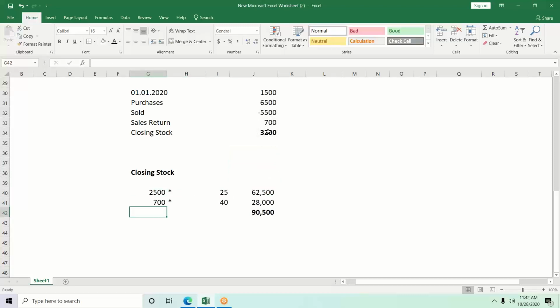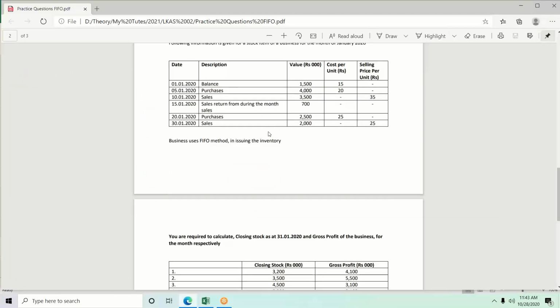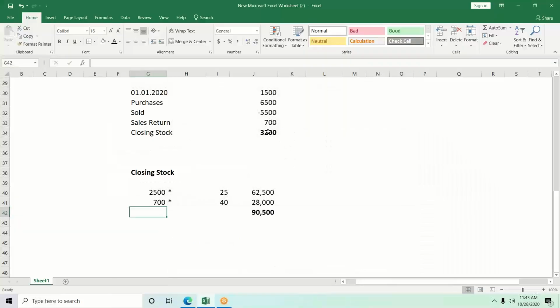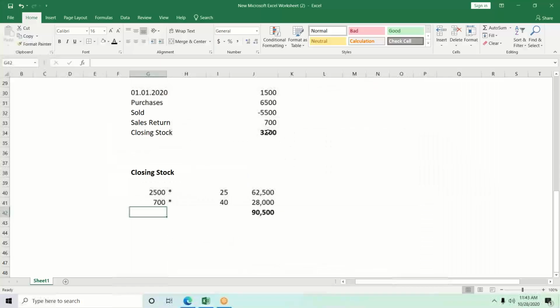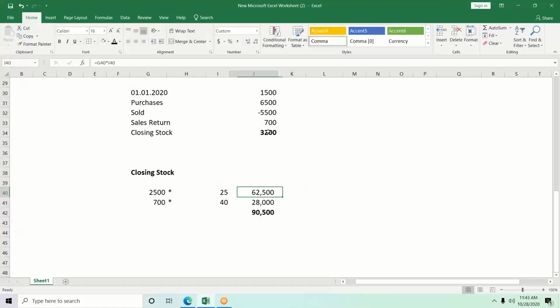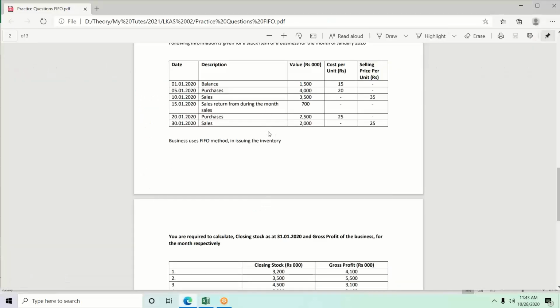That 3,200 would consist of the most recent purchase. The most recent purchase of 2,500 units you bought at 25, it has to be 62,500. And then another 700 has to be there.